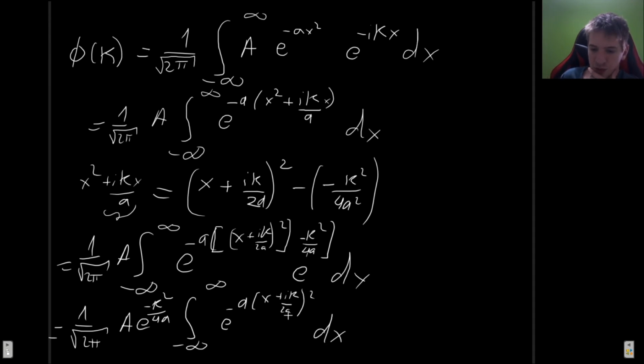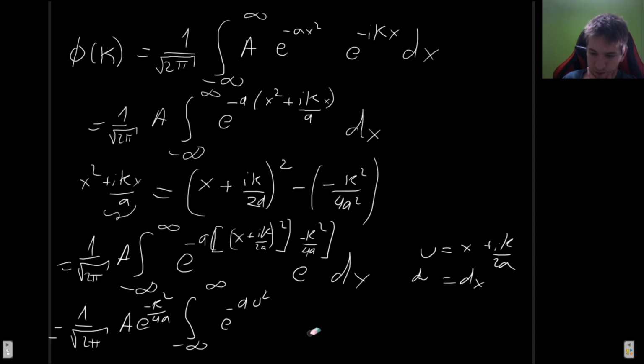So here we can introduce the change of variables. This is just a standard way to do this integral. u is going to be equal to x plus ik divided by 2a. So du is just going to be dx, because all of this is a constant. So the integral will now be minus a, and all of this right here will just be u squared. And dx will be du.